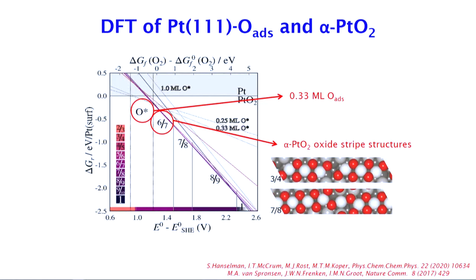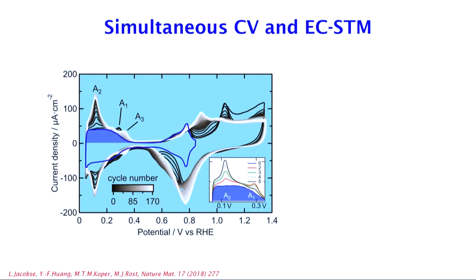You can imagine that once you make this, that could be the onset of the roughening of the surface, because you make a hole. When you reduce this, you're left with a hole, and I'll argue with you later that there's a barrier for the platinum diffusing back into the hole, and that leads to the roughening.